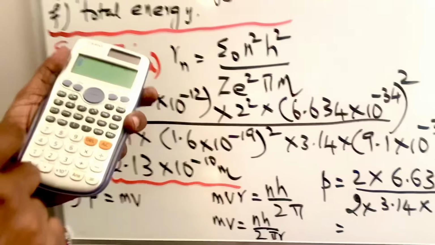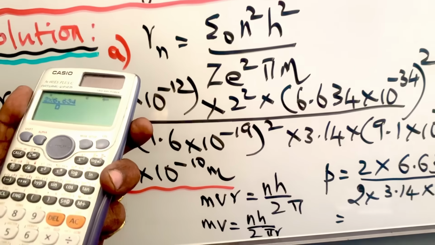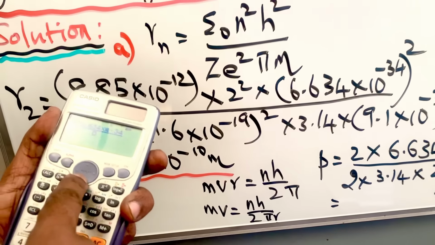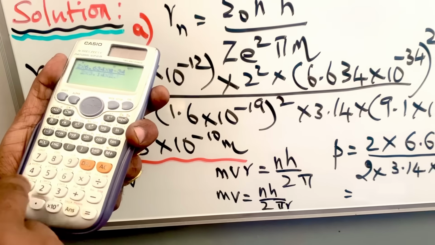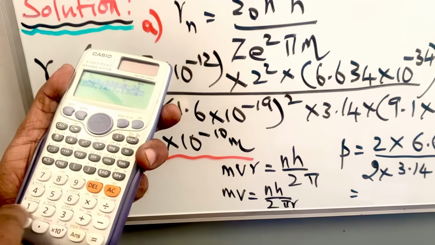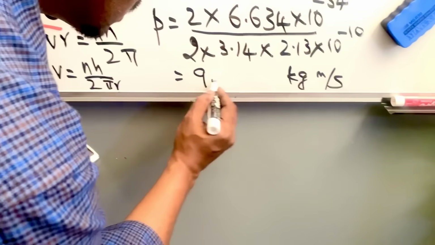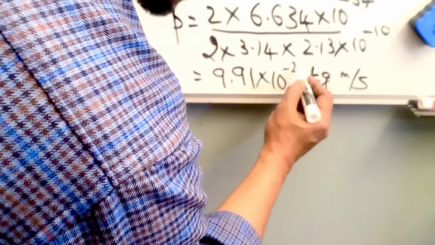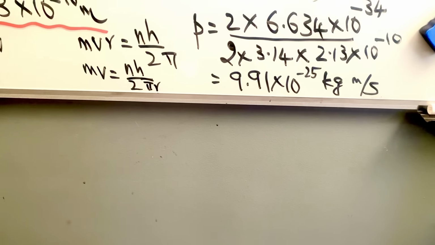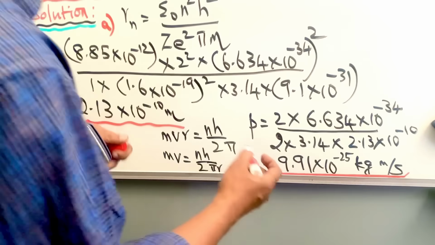So 2 times 6.634 exponential negative 34, denominator 2 times 3.14 times 2.13 exponential negative 10, will be equal to 9.91 times 10 to the power negative 25 kilogram meter per second. That is the answer for question B.